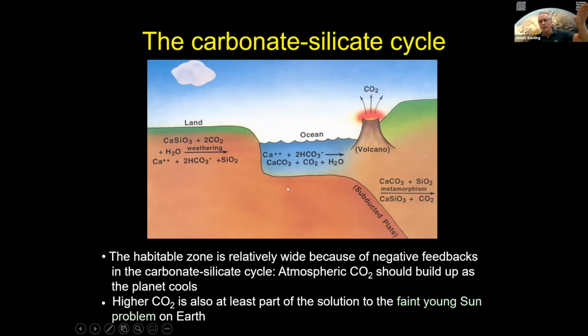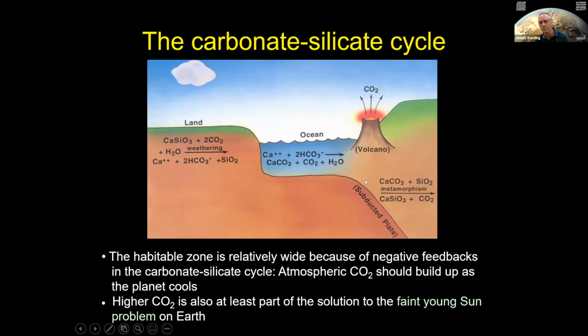Then the organisms, the planktonic foraminifera, fall down into the deep ocean. Most of the shells dissolve because the deep ocean is more acidic than the surface ocean. But some of them form sediments on the seafloor, carbonate sediments. Then the seafloor is not just sitting there, it's spreading away from the mid-ocean ridges, and at some plate margins the seafloor is subducted and the carbonate sediments are dragged down.